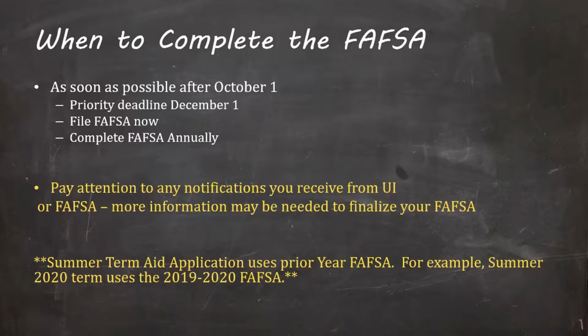And we would use the 2019-2020 FAFSA for summer 2020. If by a unique circumstance you have already completed the 2019-2020 FAFSA at your current institution, and you're transferring to Iowa or beginning summer 2020, you could make a correction to your previous FAFSA by adding Iowa as a school, having the data sent to us.